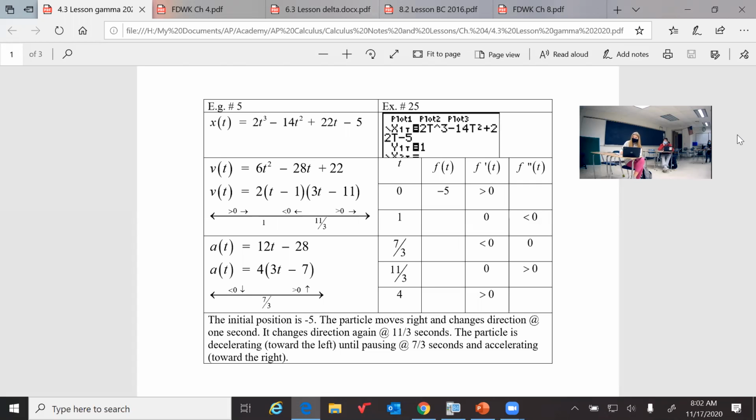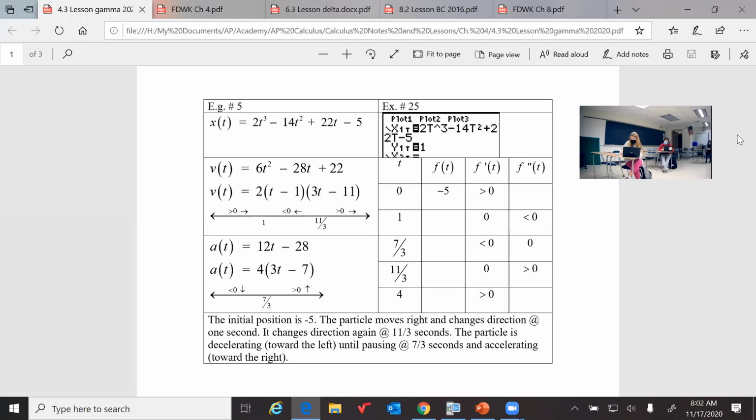We have 3t squared and 11. Well, 11 is a prime number. The only thing that multiplies to 11 is 11 and 1. What multiplies to 3t squared? 3t and t. Now, we know these both have to be negative. Why? Because they have to multiply to positive 11, but the sum of these two terms has to be negative 14t.